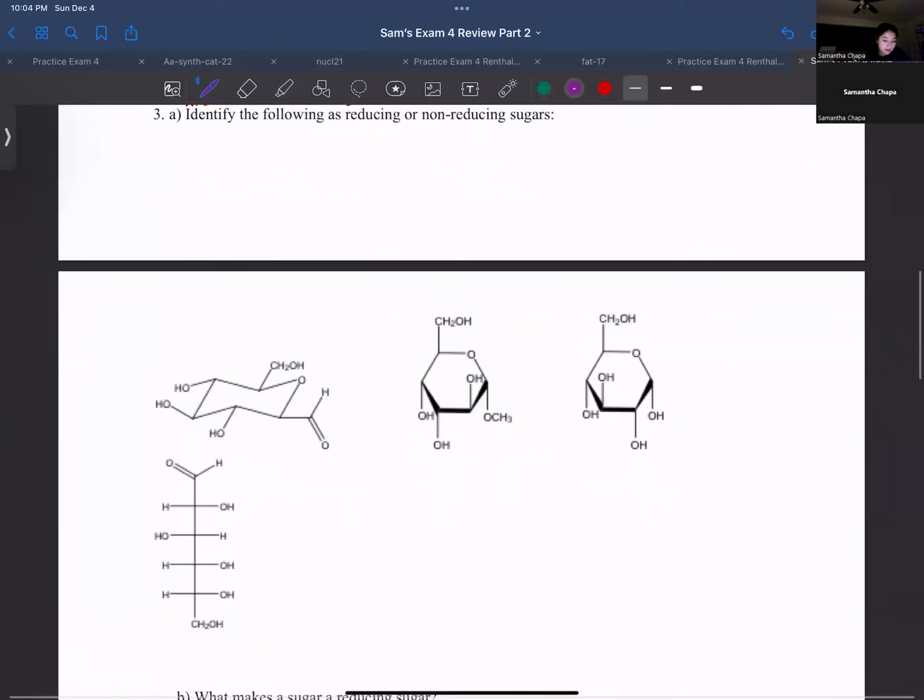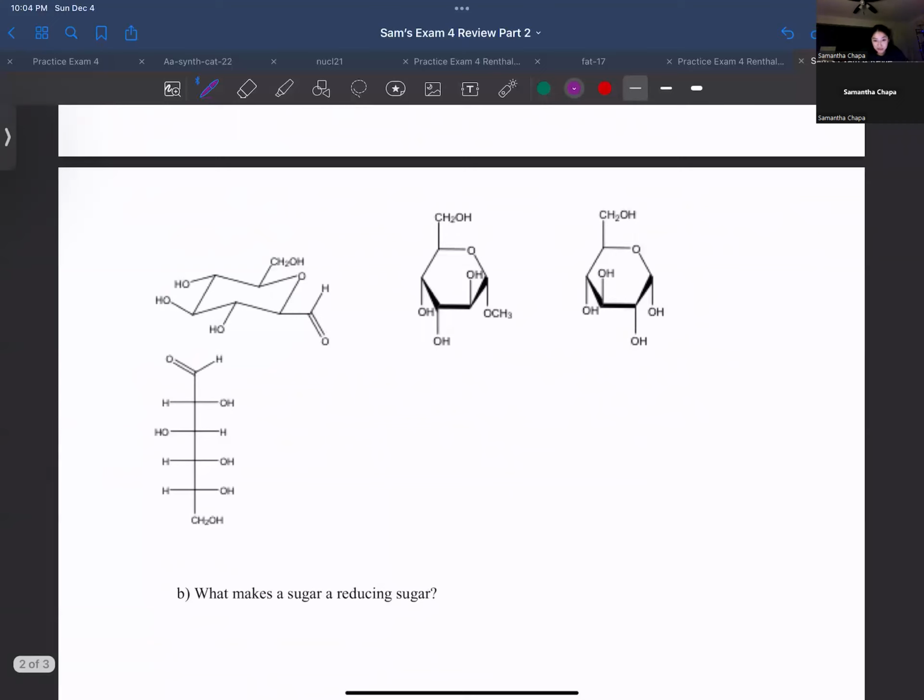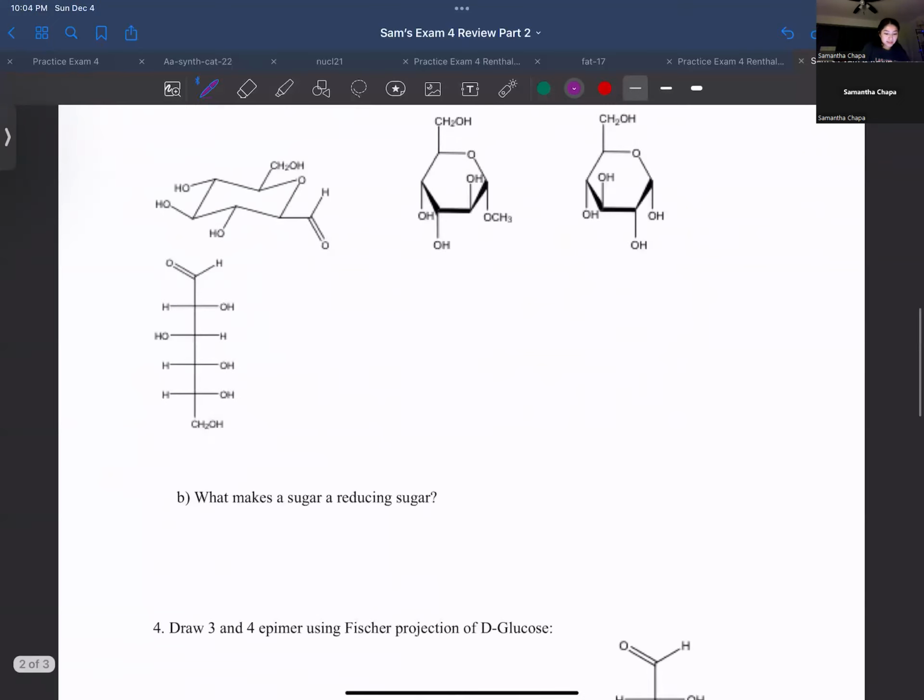Identify the following as a reducing or non-reducing sugar. And then, what makes a reducing sugar a reducing sugar? So what I put for this one was, it's going to sound like duh, but I put: sugar capable of acting as a reducing agent.